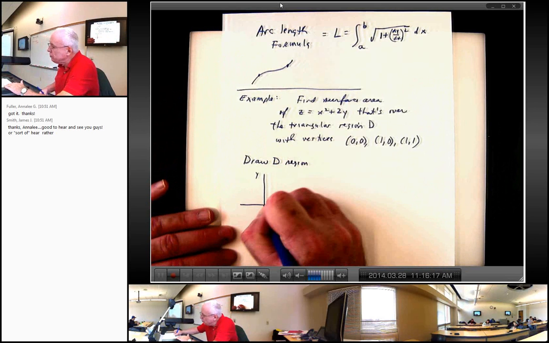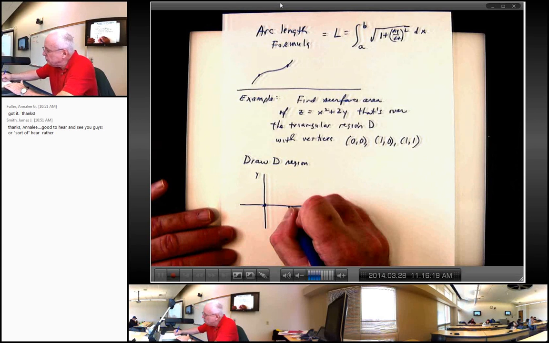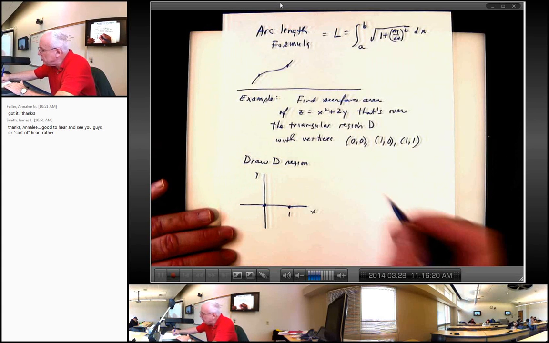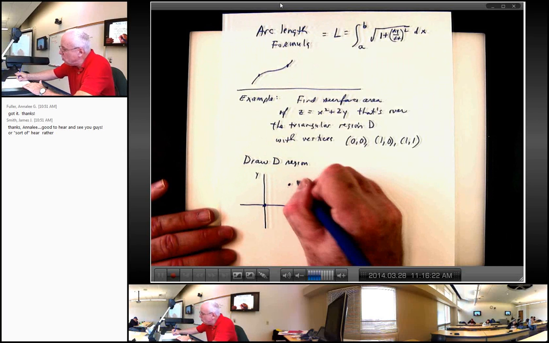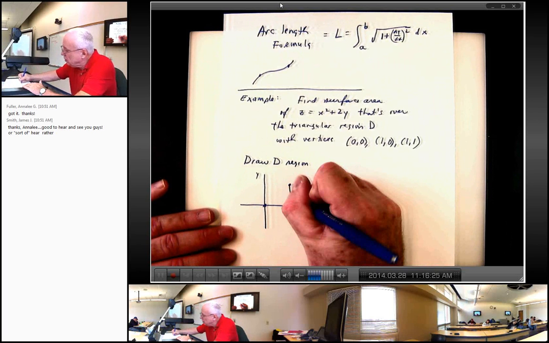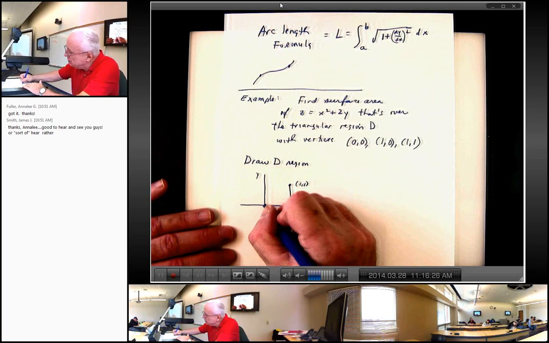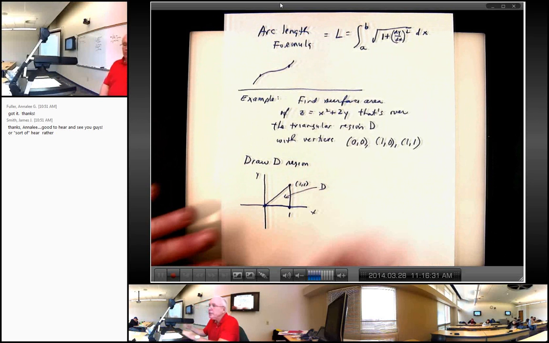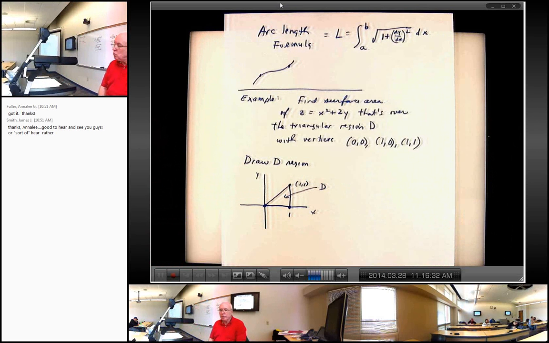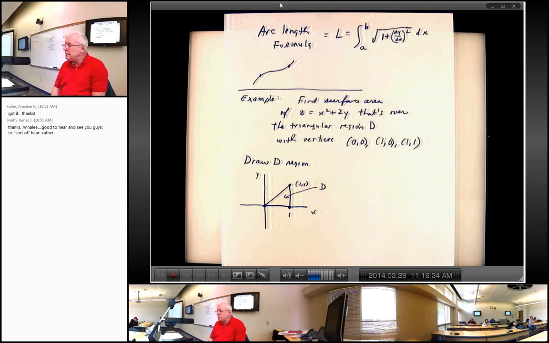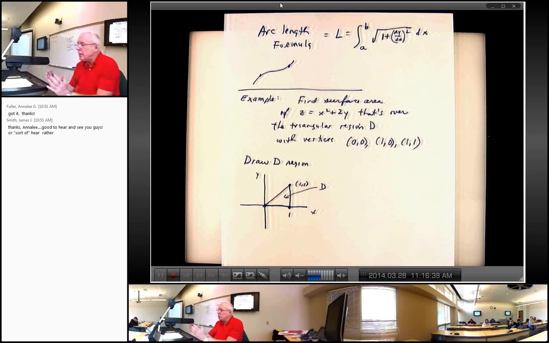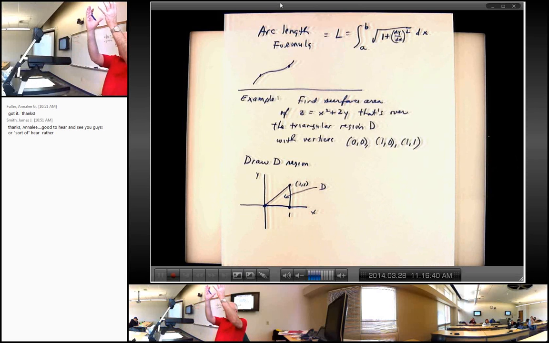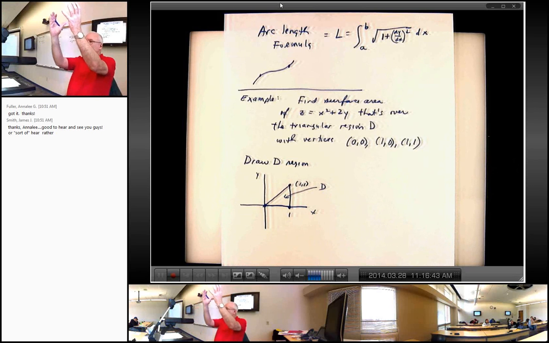We're given (0, 0), (1, 0), and (1, 1). So this is our D. What we're doing in this problem is projecting this triangle up, and we're cutting off our surface where the triangle ends.